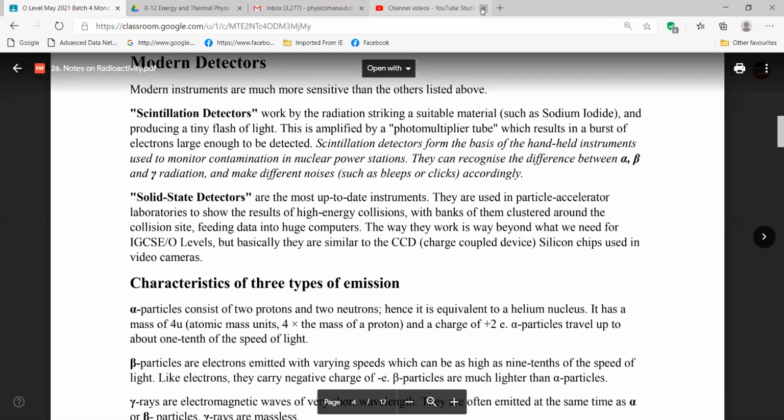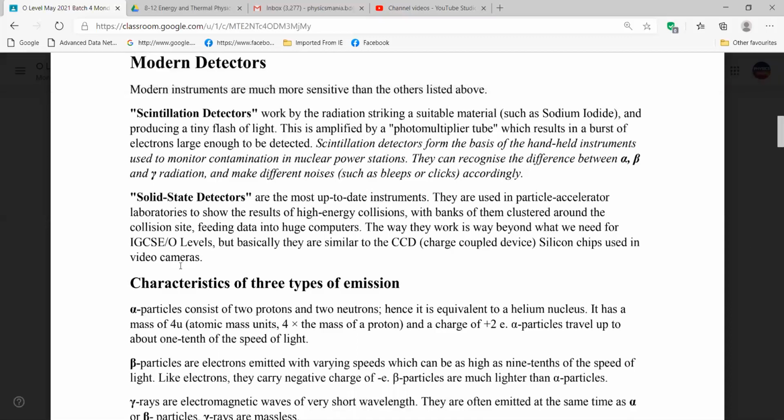Is it clear? Yes, sir. How they do it, we don't need to discuss in detail in IGCSE O levels. But you get a little idea that they are using charge coupled devices, that is silicon chips, used in video cameras.